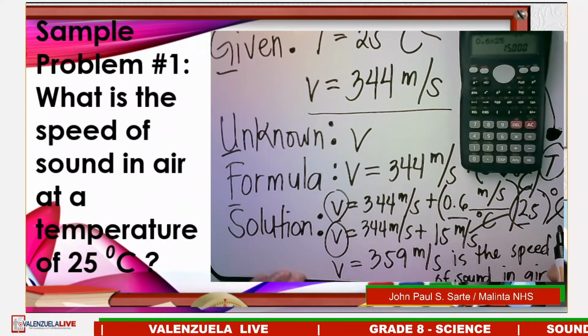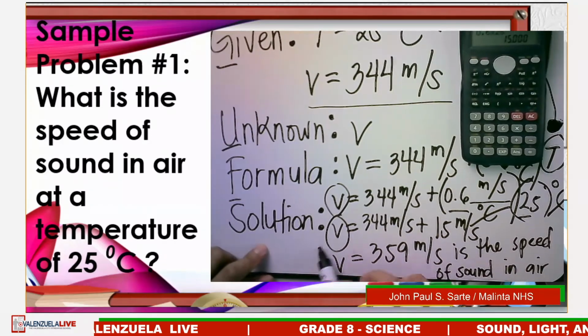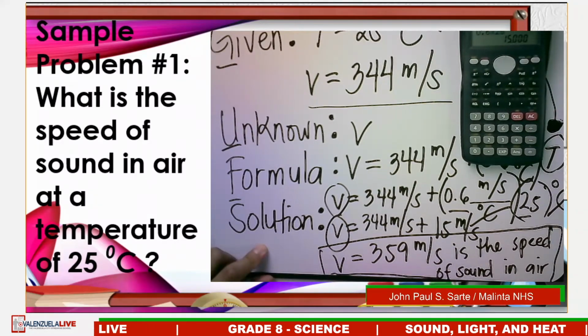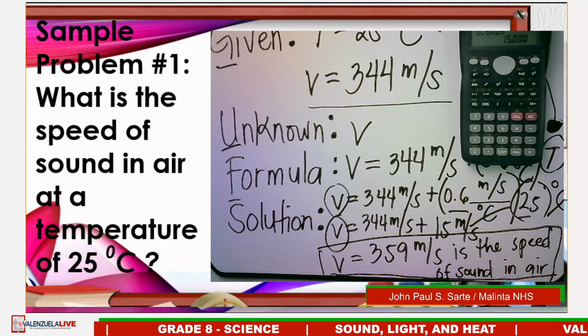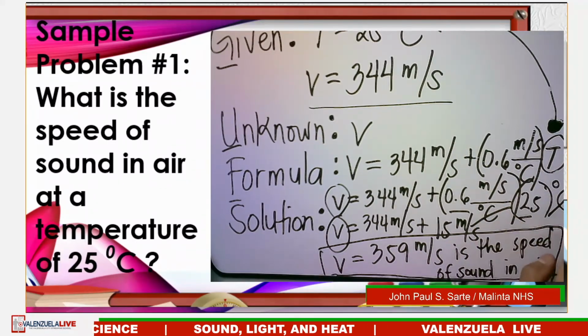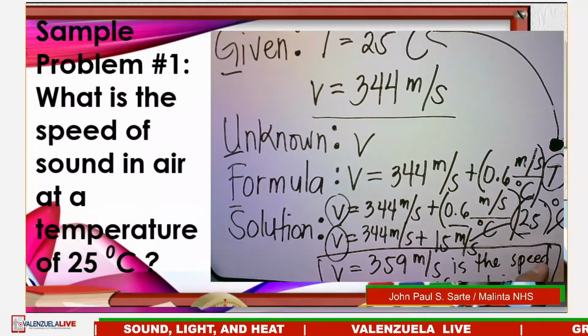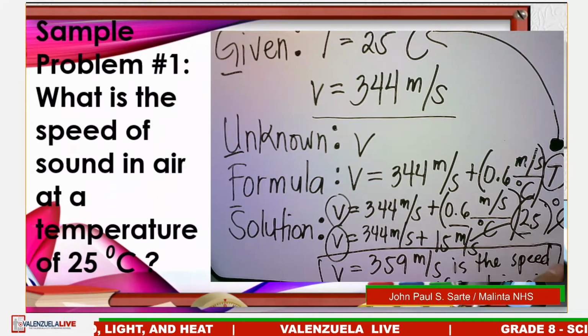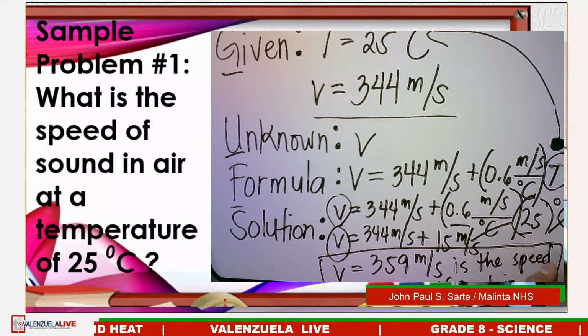And then, you need to box the final answer. Okay? As easy as this. So, do not forget, class, this computation. I know you are good in computation.